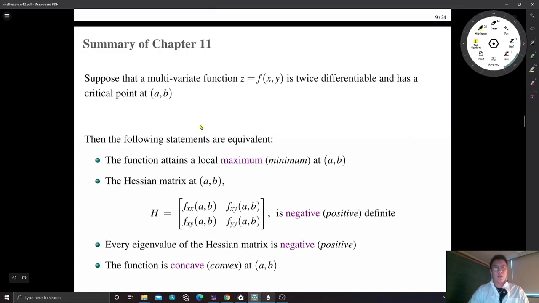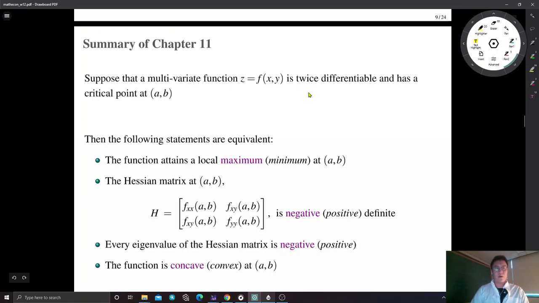All right. So now let me summarize chapter 11. In this chapter, the punchline is how to maximize or minimize a multivariate function. In the case of a two variable function, the first order condition for a local max is that the two partial derivatives must be 0.